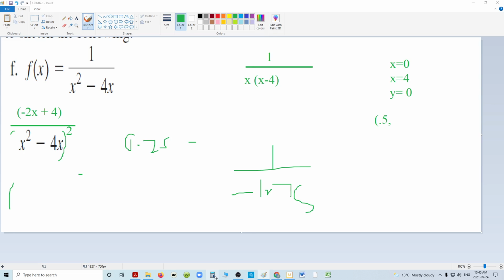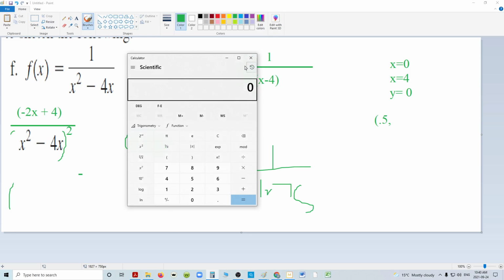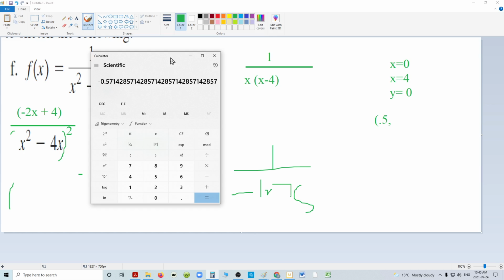I'll just confirm it with my calculator: 1 divided by brackets 0.5 squared minus 4 times 0.5, close brackets. So it says negative 0.57. Let's see if we got that: 1 divided by 1.75. Yep, we got our calculation correct.